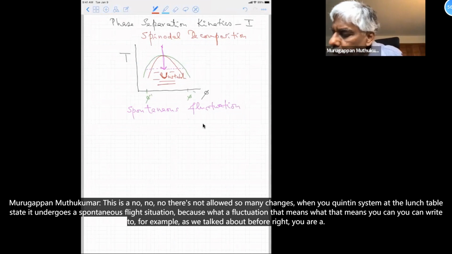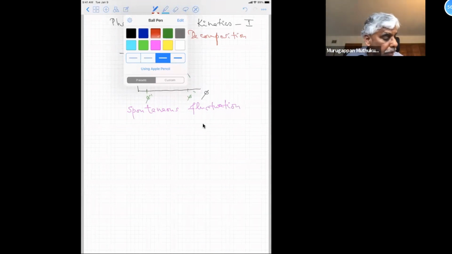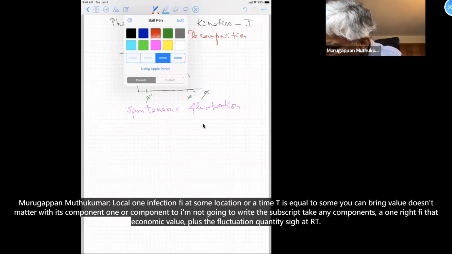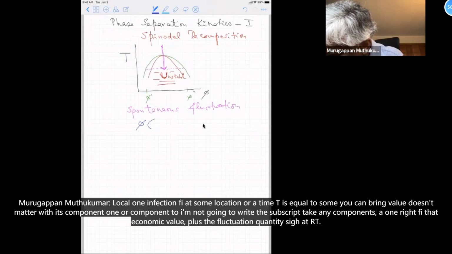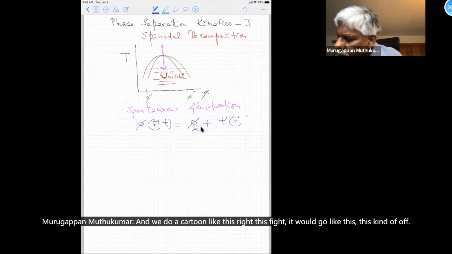That means you can write, as we talked about before, your local volume fraction phi at some location R at time t is equal to some equilibrium value. Doesn't matter whether it's component 1 or component 2. I'm not going to write the subscript. Take any component, say 1. Phi E, that's the equilibrium value, plus the fluctuation quantity psi at R, t. And we drew a cartoon like this.